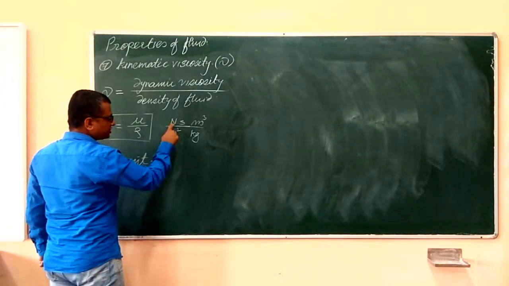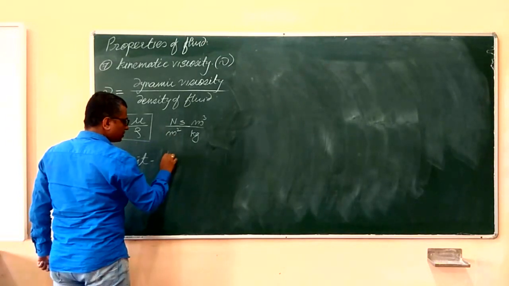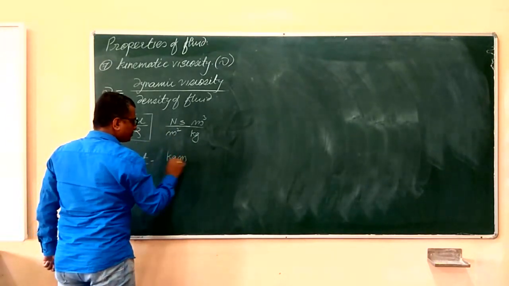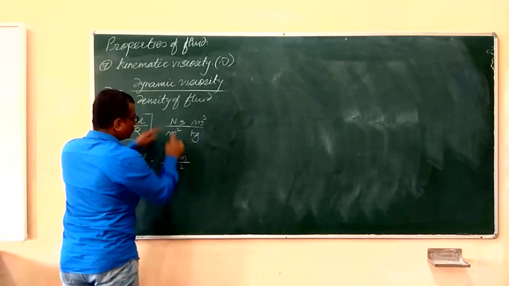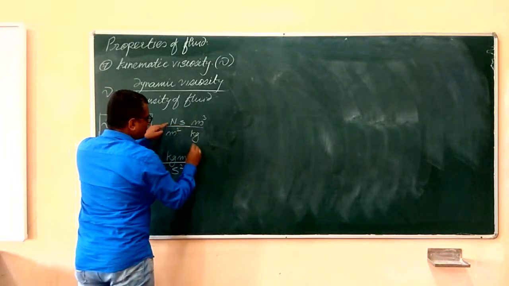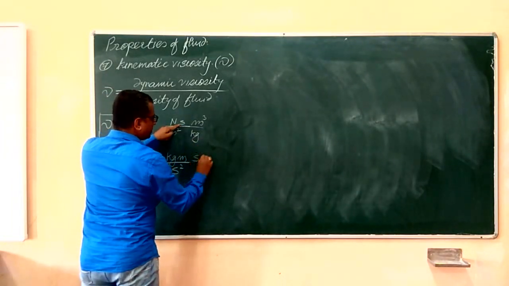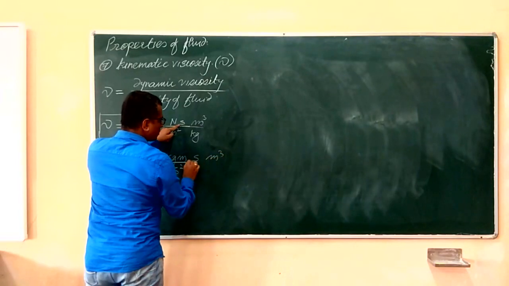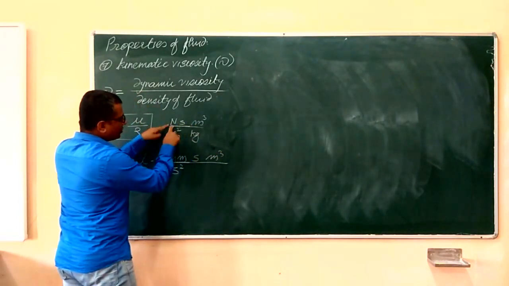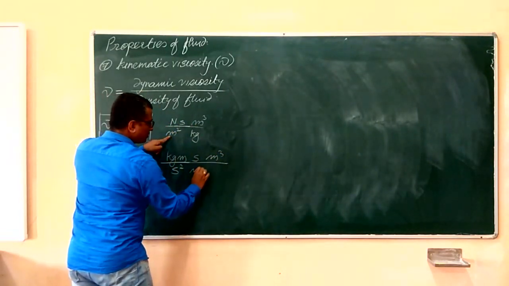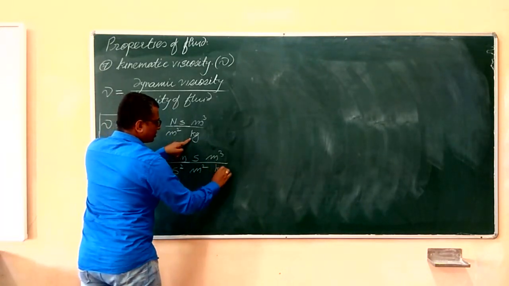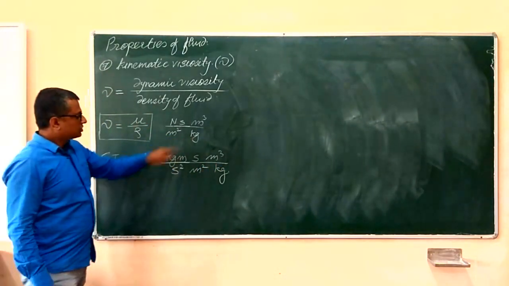Let us express this Newton. We know that Newton is nothing but kg meter per second square. This is Newton, into second, into meter cube in the numerator, divided by meter square and kg in the denominator.